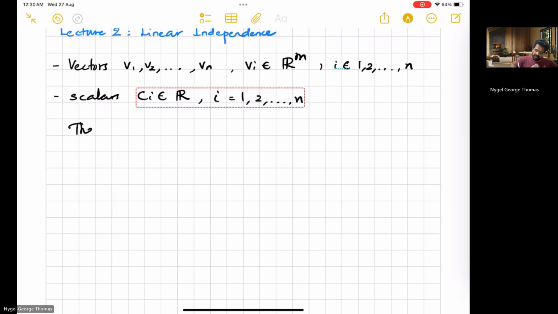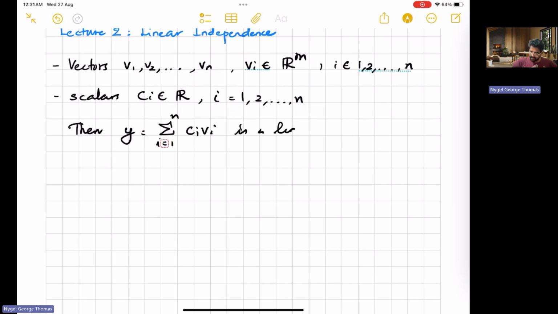Then y, such that the sum over i equal to 1 to n of ci vi, is a linear combination.